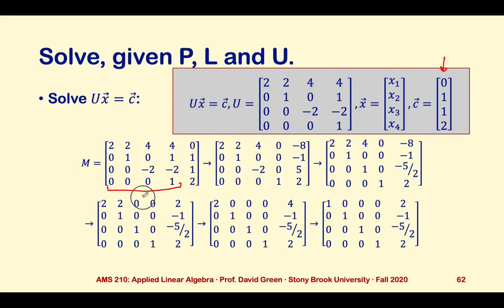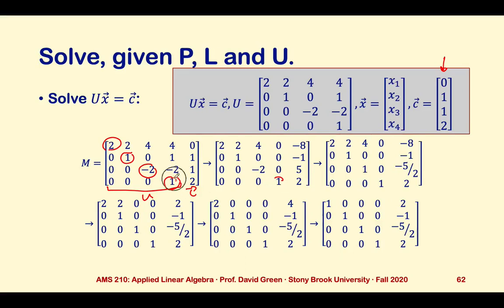Augmented matrix with U and C. Note that this is already an upper triangular form. Pivots on the diagonal. There's 4 of them, so this means we have a unique solution. No free variables. We start with back substitution.